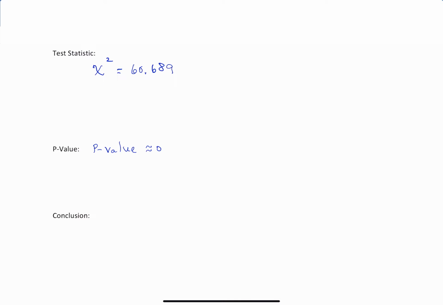We need to compare that to alpha. We're using the 5% level of significance, in other words, alpha was 0.05, and 0 is certainly less than 0.05. Since the P is low, the null must go. We reject the null hypothesis.